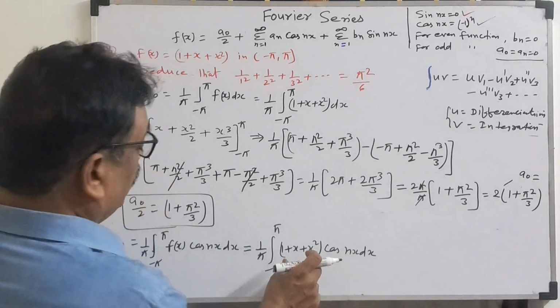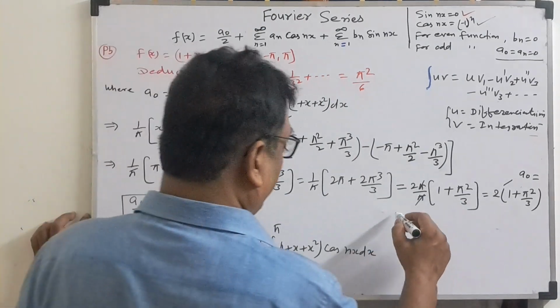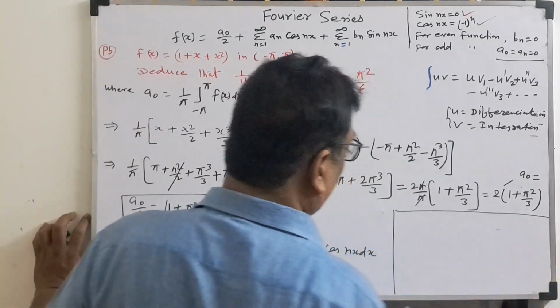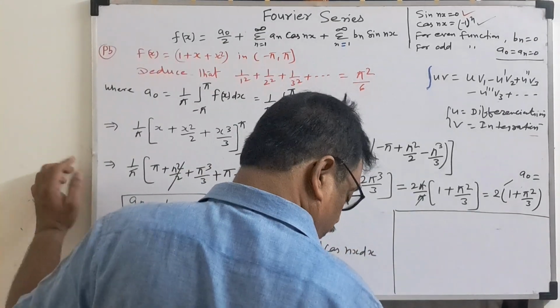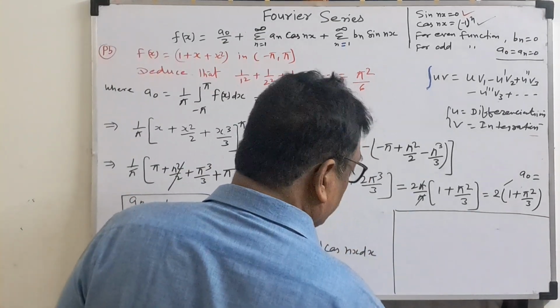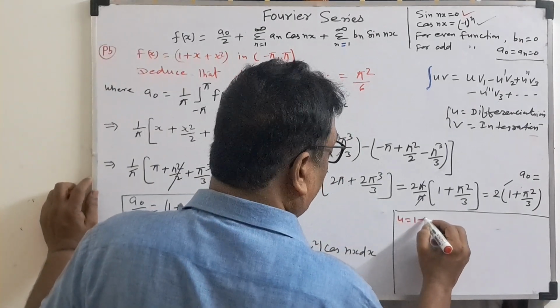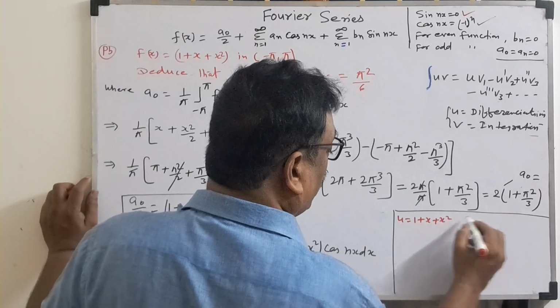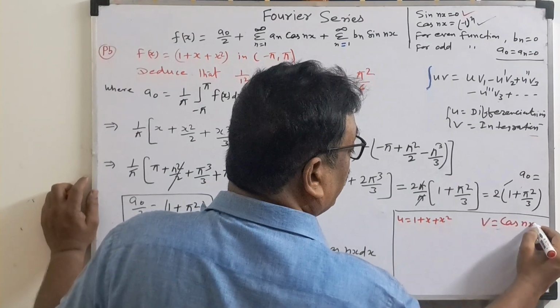So here there are two terms, u and v. We'll write how to calculate this. Assume u is equal to 1 plus x square and v is equal to cos nx.